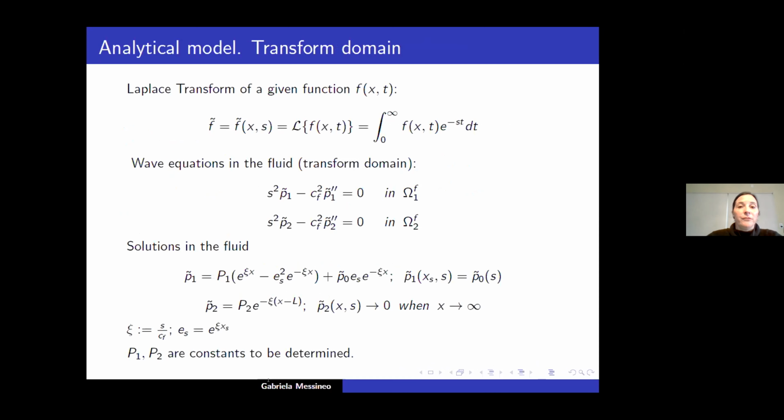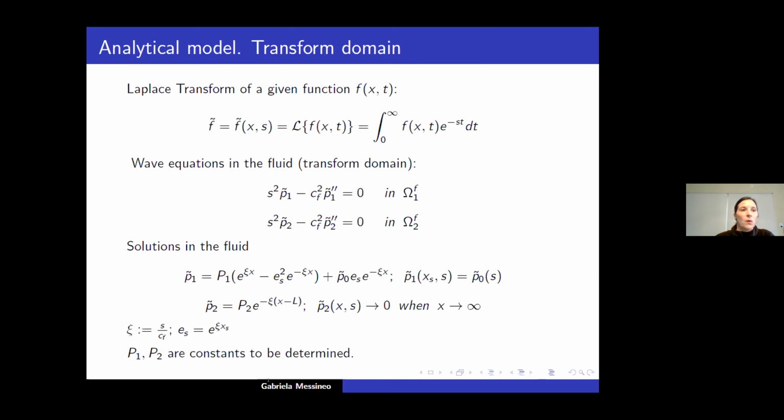Well, as I said before, the solution to this equation is found in the Laplace domain by using the Laplace transform with respect to time. Then the transform functions are in X and S, where S is the complex Laplace variable. We are looking for the solution of the pressure waves.